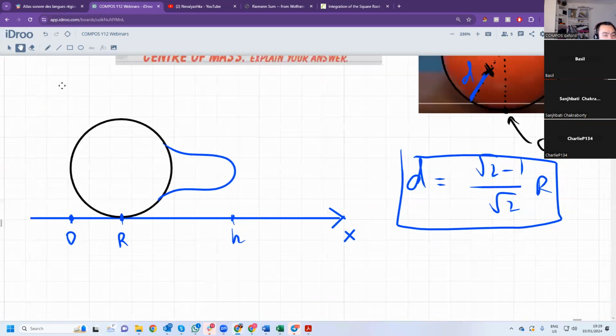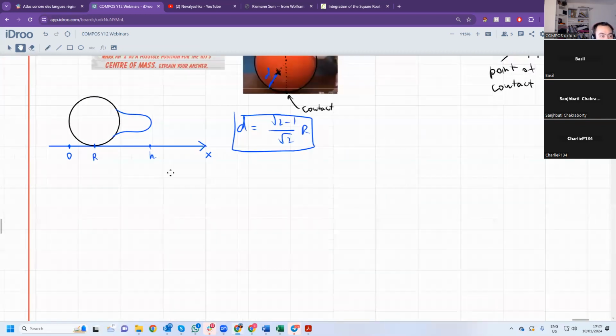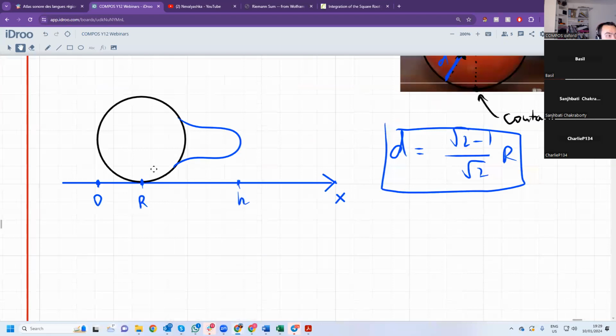Well, we already know that. We know that the center of mass of the toy is here at distance D. This is the center of mass of the toy, and the mass of the toy is M. We want to add some mass, m small, but the center of mass has to now be at point R.